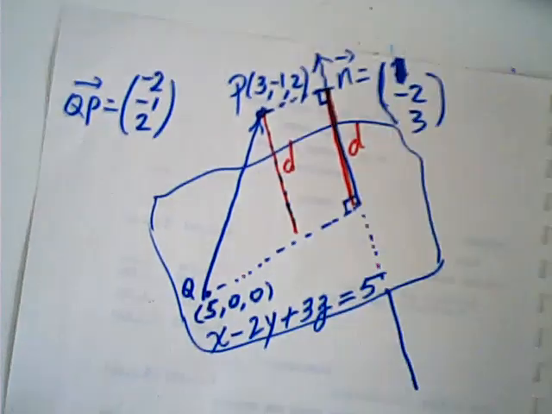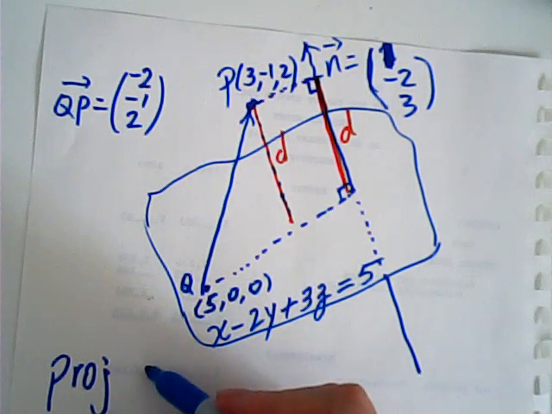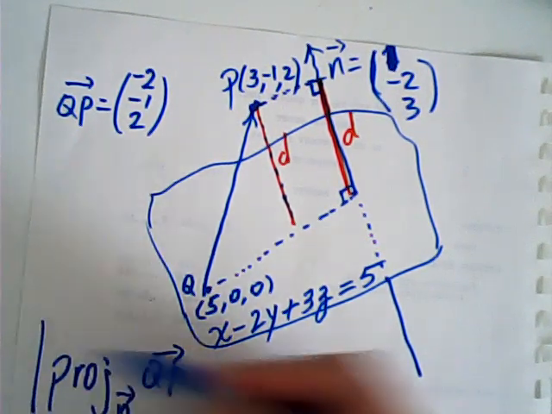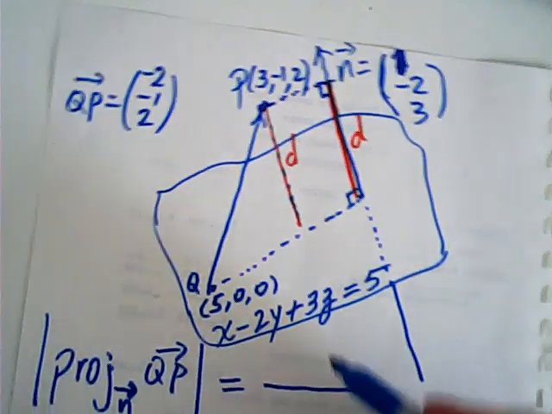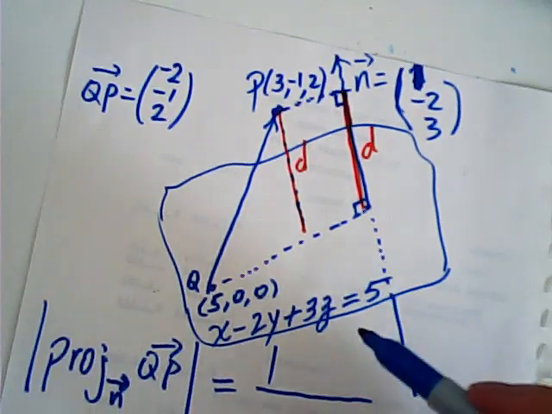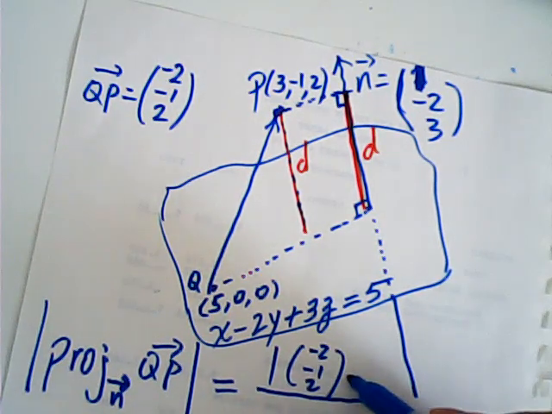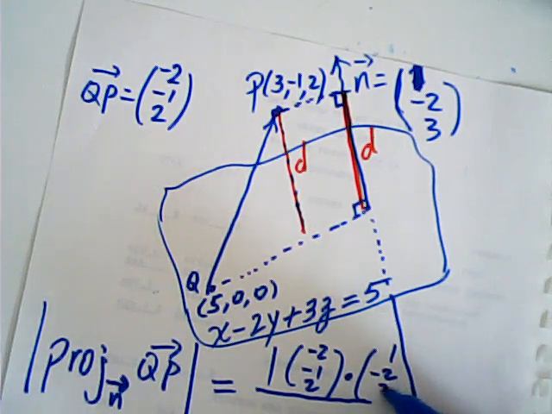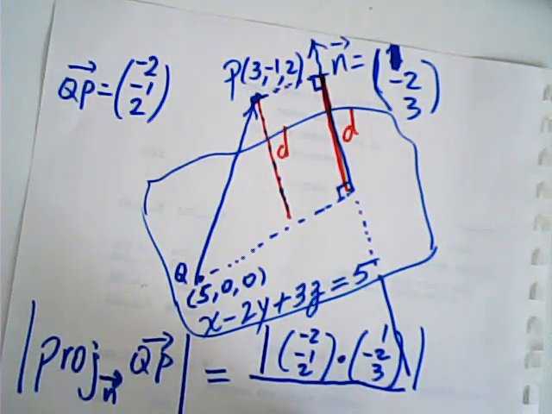Then it is very easy, you know. The projection of QP onto the normal vector, absolute value, that is the absolute value for distance, is equal to the absolute value of QP, which is (-2, -1, 2), dot product with the normal vector (1, -2, 3), divided by the norm of n, right?